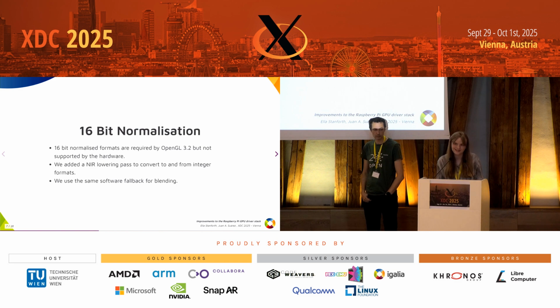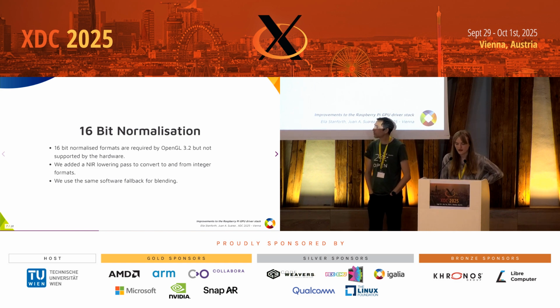Next up is 16-bit normalized formats. For these, the hardware also doesn't support them at all, but we do support 16-bit integer formats. And we can emulate normalized format support by adding pack and unpack on every load and store output instruction in the shader.